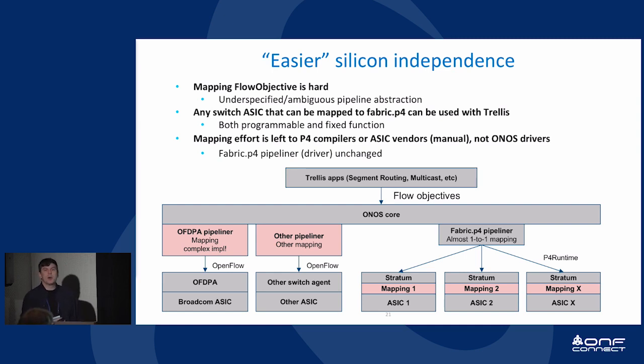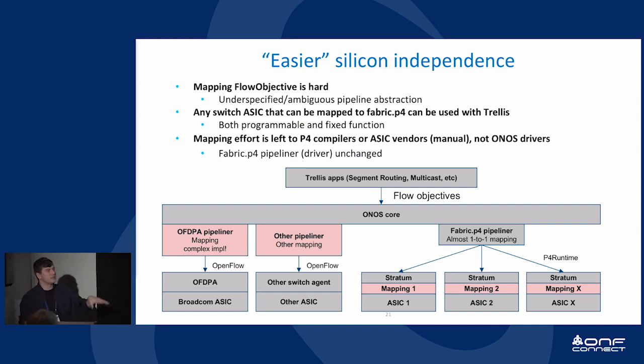So it's hard to map flow objectives to new devices. Indeed, we started with OF-DPA and Broadcom ASICs. We added support for some other ASICs using OpenFlow. I think it was Mix Client. And to do that, we had to implement this very complex driver that does this pipeliner mapping.